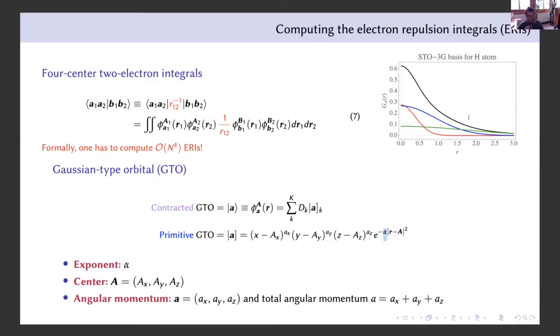And you have the angular momentum, which is basically three integers. If you take the sum, it tells you if it's an S function if the sum equals 0, a P function if it equals 1, a D function if it equals 2, and so on. So usually it's the sum of the three integers that gives you what type of function you have.